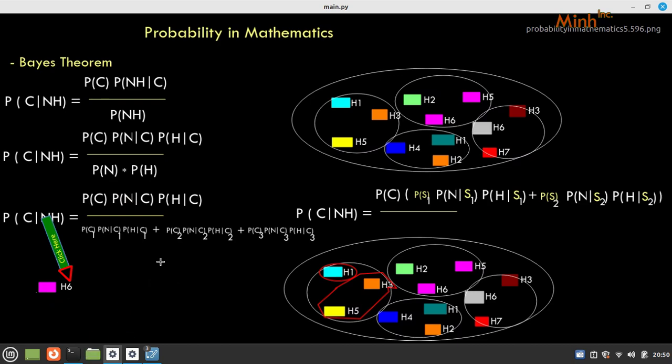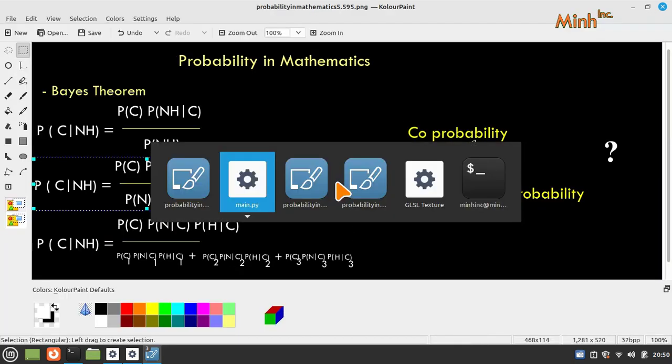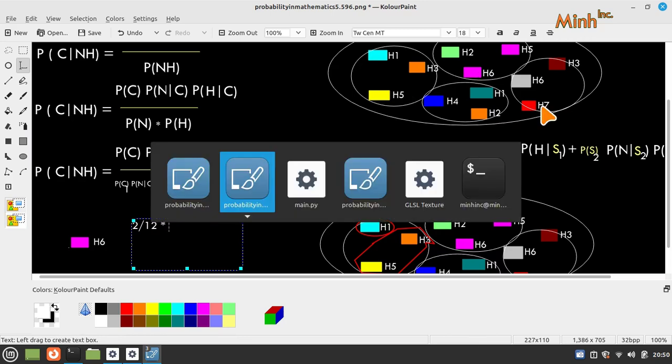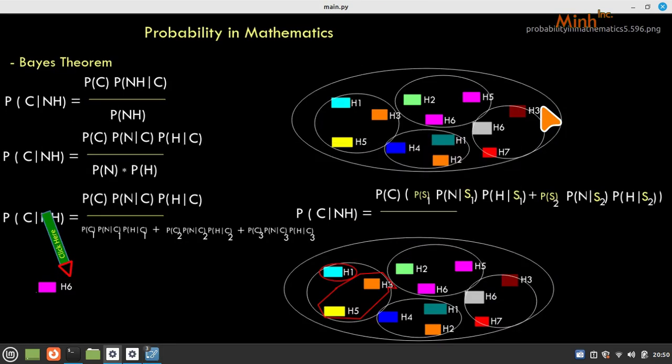Now, if I go with the independence, then how much do we get? The number of people in the global space who are purple is 2, out of 12 people. So 2 by 12, into height: there are 2 people with h6 height.